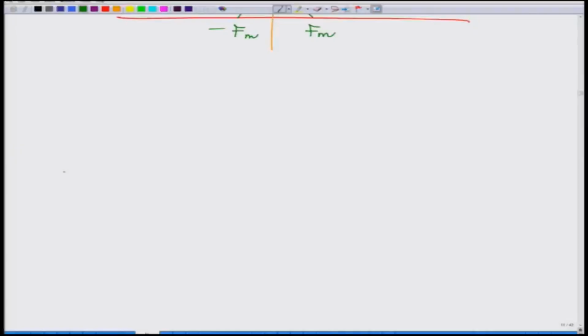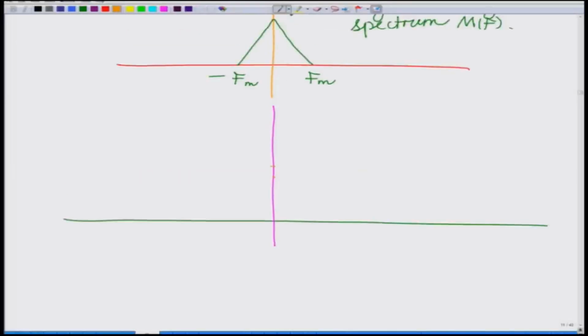Now, let us draw here the sampled spectrum. We are going to have the original message spectrum intact, that is the copy at 0, and this is going to be M(f).